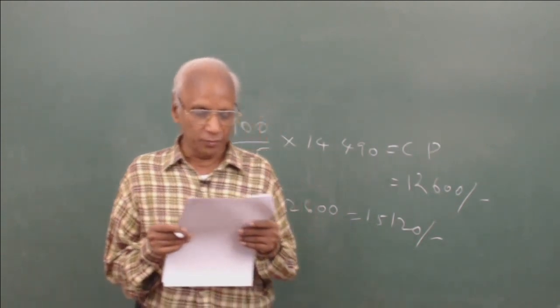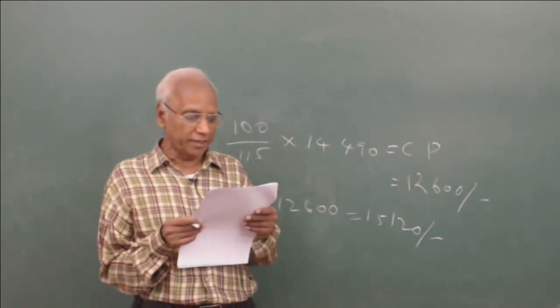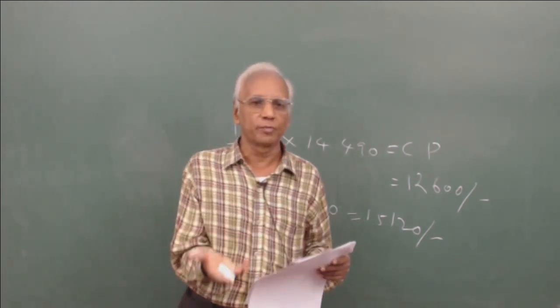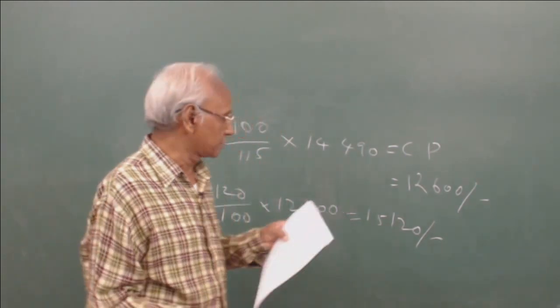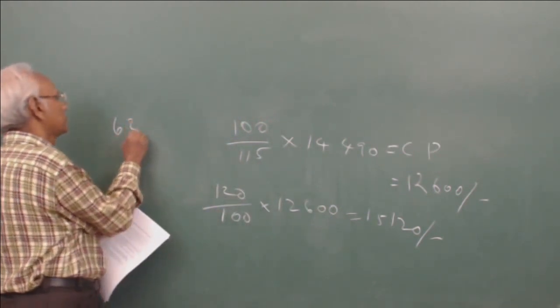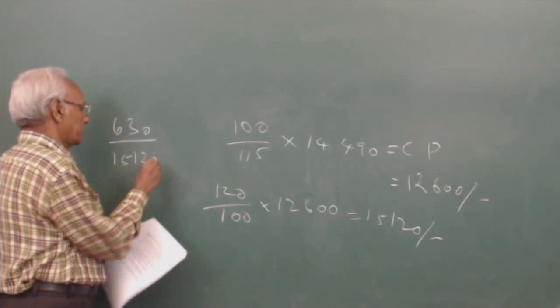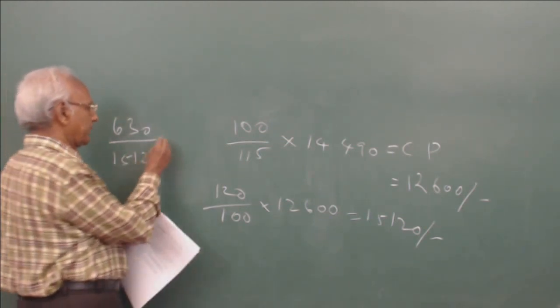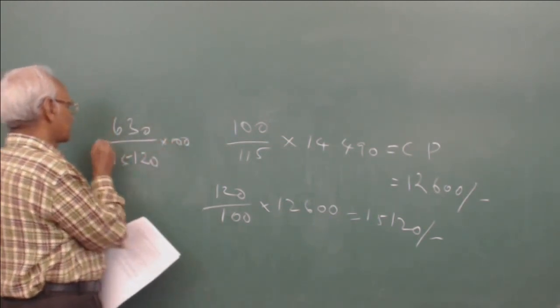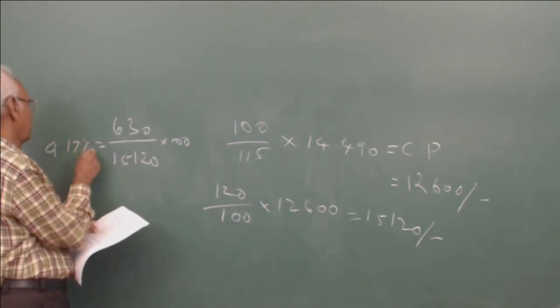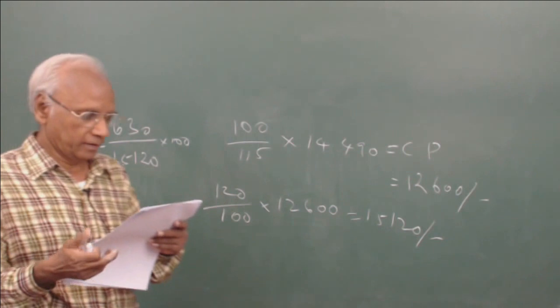So 630 rupees divided by 15,120 times 100 is actually 4.17%. You can calculate and see: 630 divided by 15,120 multiplied by 100 works out to 4.17%.